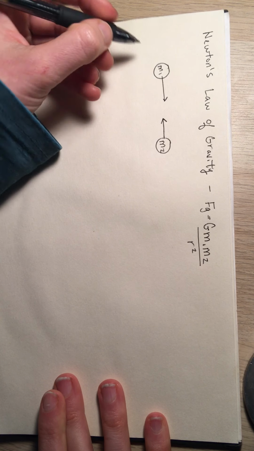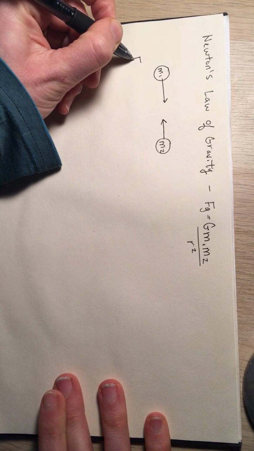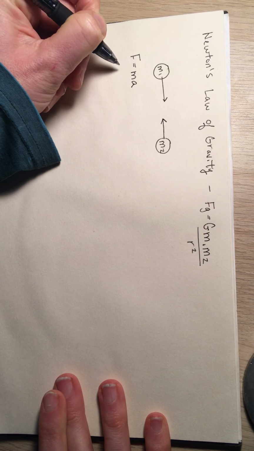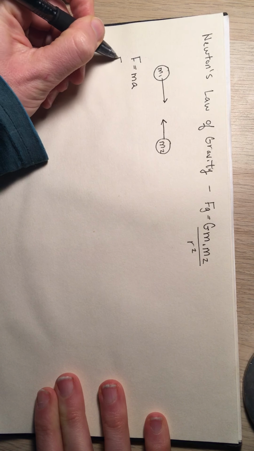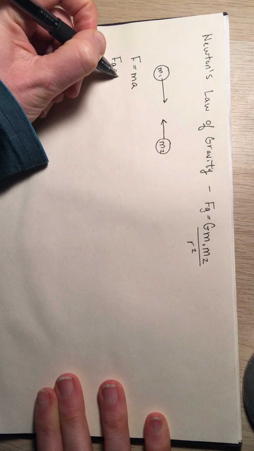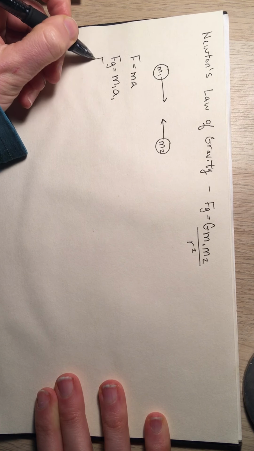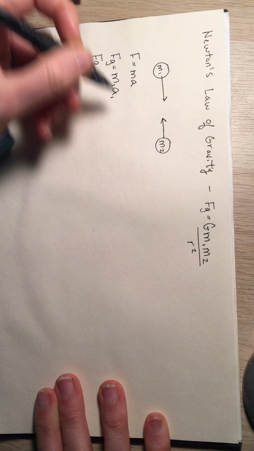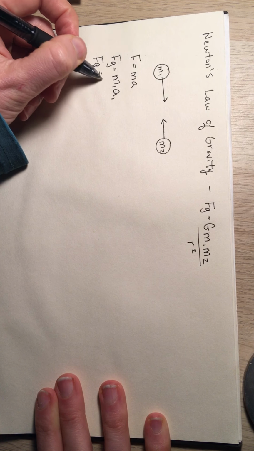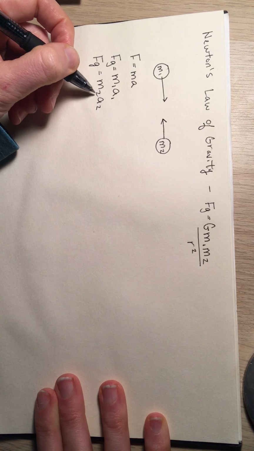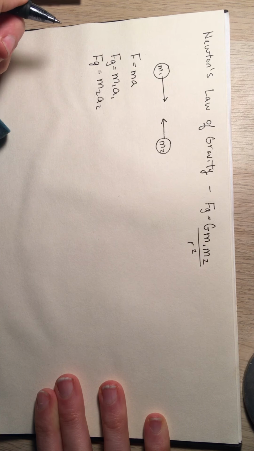Due to Newton's laws of motion, the force of gravity would produce an acceleration. And so for mass 1, that force of gravity would produce mass 1 to accelerate at acceleration 1. The same magnitude force of gravity would produce an acceleration of mass 2, acceleration 2.